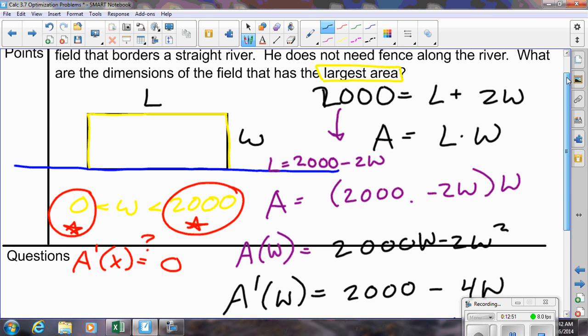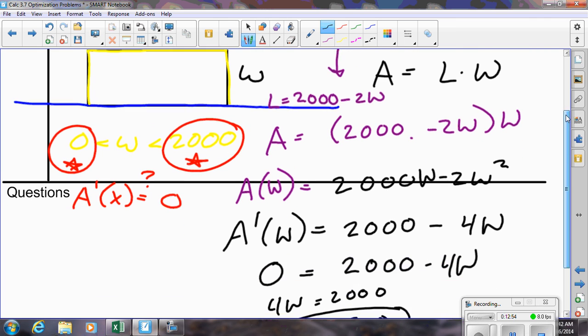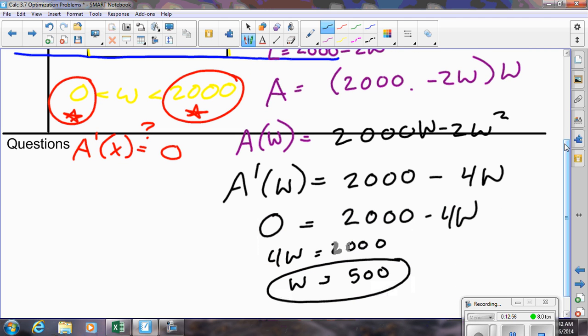The only possible values that we would have for our fence are 0, which gives us nothing for area, 2,000, which if we plugged in a W of 2,000, 2,000 times W minus 2 times W squared.